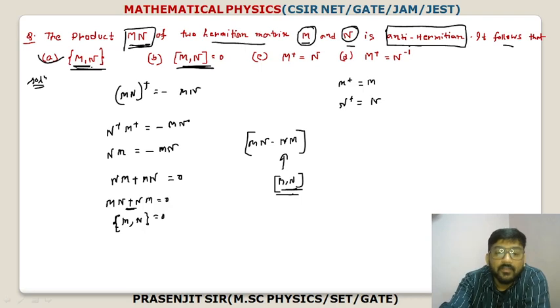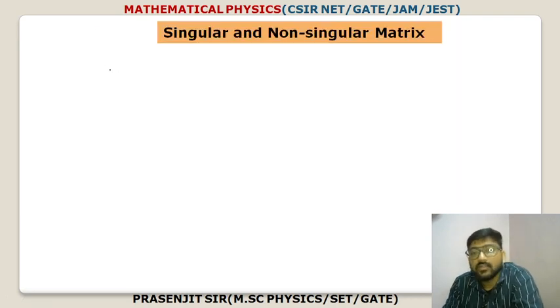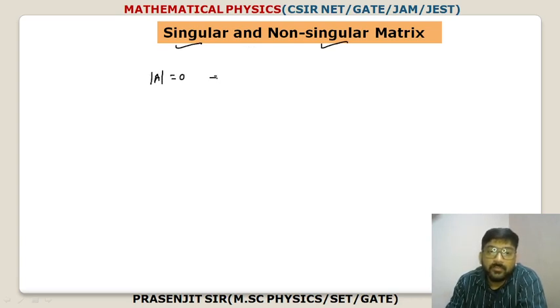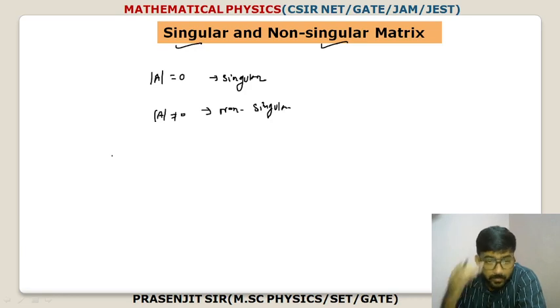Okay, so now the next problem is the singular and non-singular matrix. This is very simple. If you have a matrix A and if the determinant of A is 0, then this is simply a singular matrix. And if the determinant is not equal to 0, then this is non-singular matrix. Very simple example you can take.